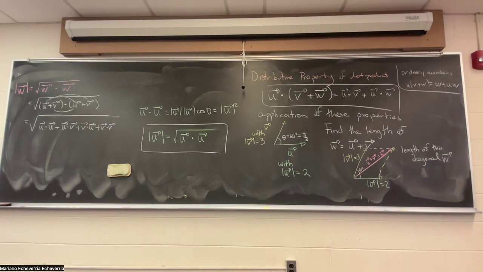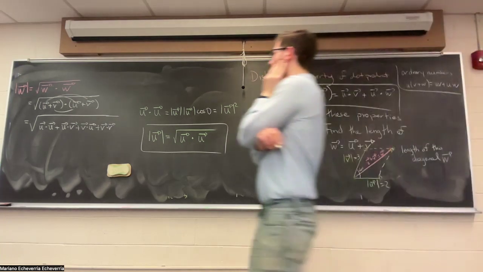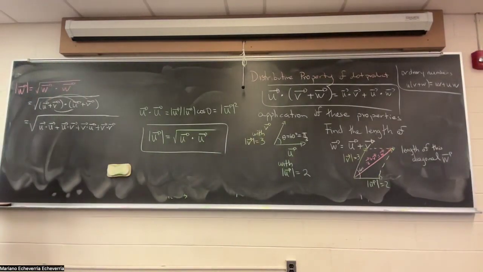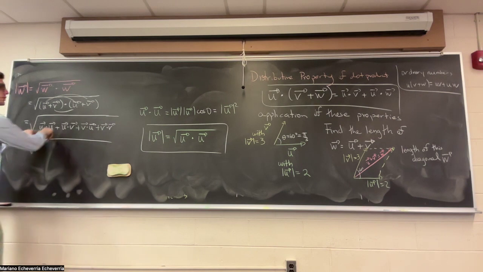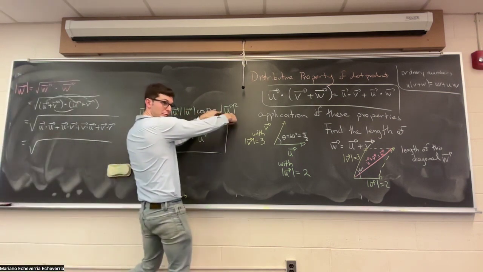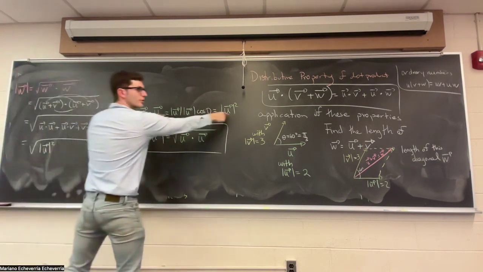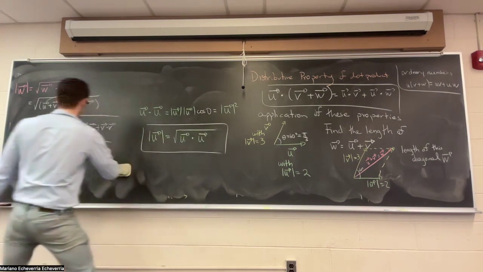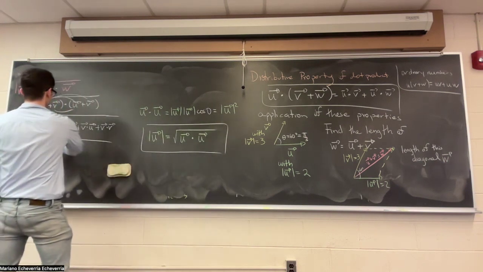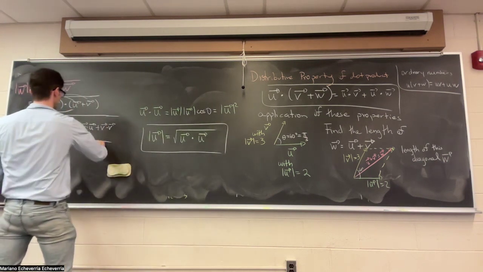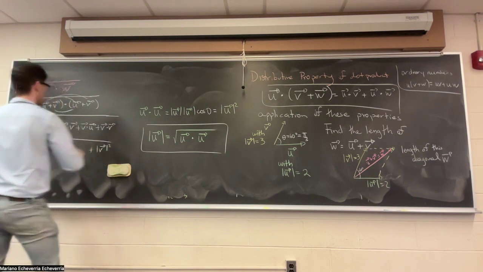Once you get to this point, you can almost start substituting everything, but we just have to apply this formula a little bit more. So u dot u is just the length squared of the vector. v dot v is the same story, the length squared of v. So the first and fourth terms in this sum are just length squares.